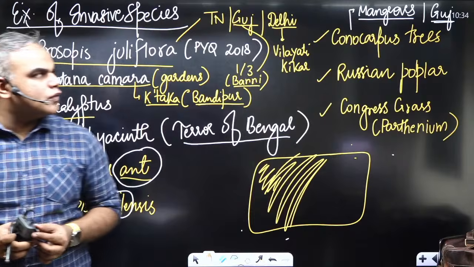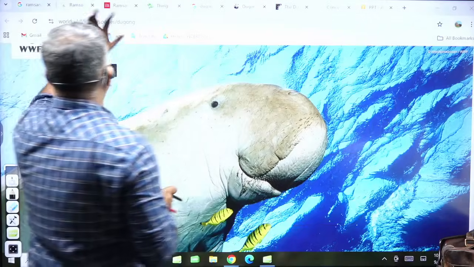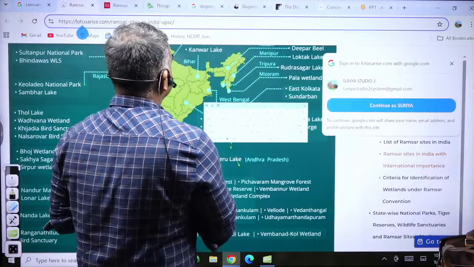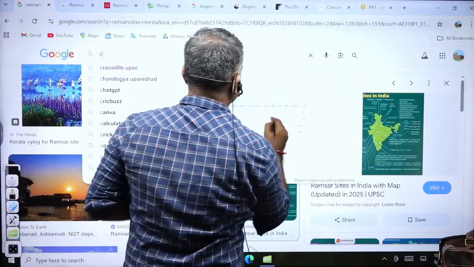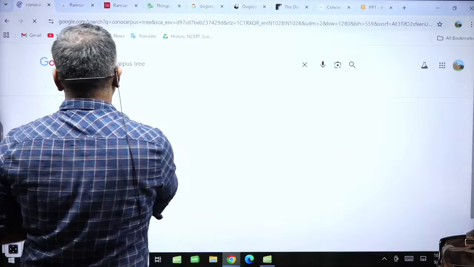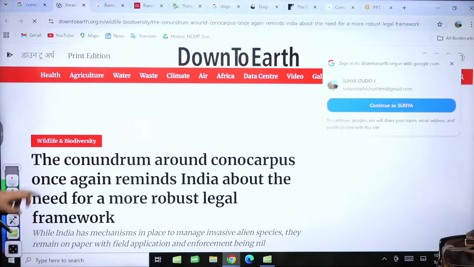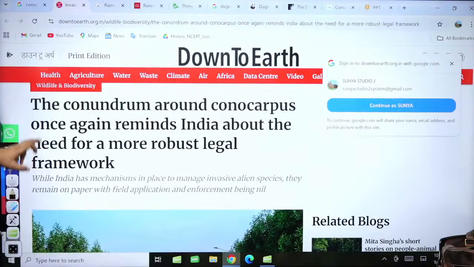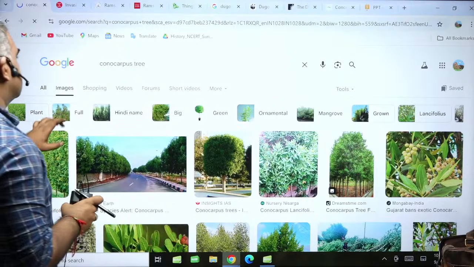These are mangroves and have been banned by the Gujarat government. Same thing if I go back and see in the news, Conocarpus tree, etc.